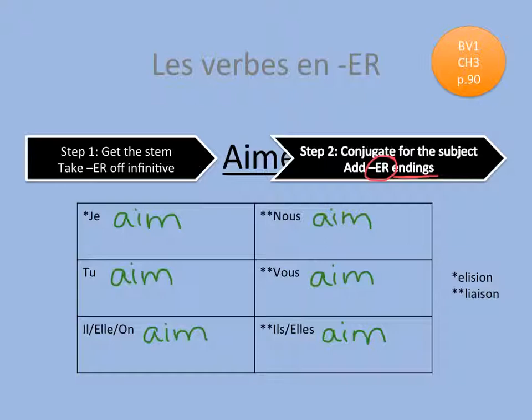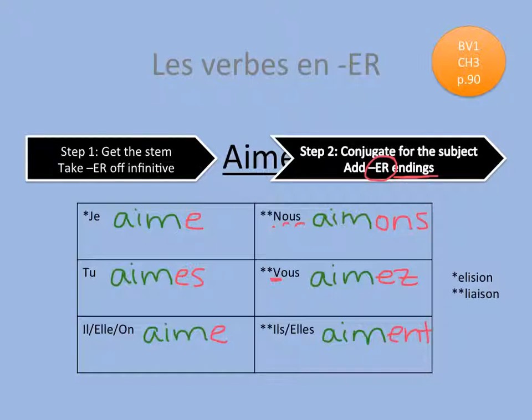So for je, do you remember? The je ending is E, tu, ES, il, elle, on, E, nous, ONS, vous, V is close to the end of the alphabet, so is Z, EZ, and ils, elles, ENT.